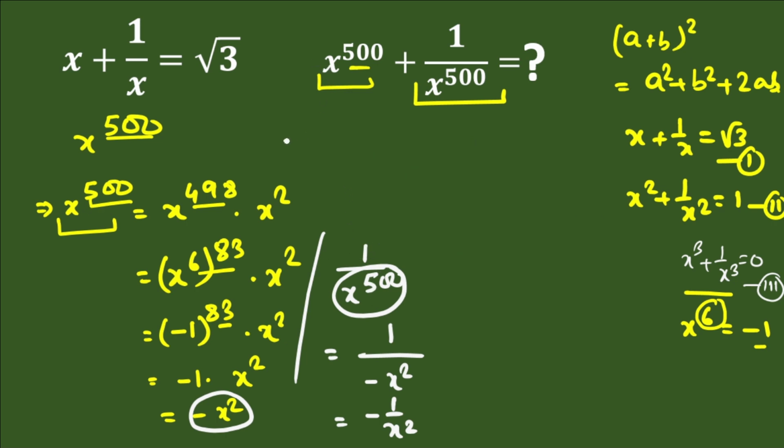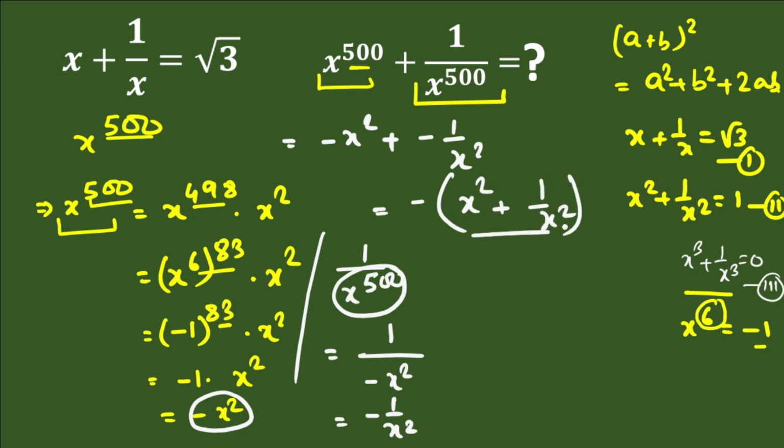It is negative x square plus negative 1 over x square. So we'll take negative common, so the value of this term is x square plus 1 over x square.